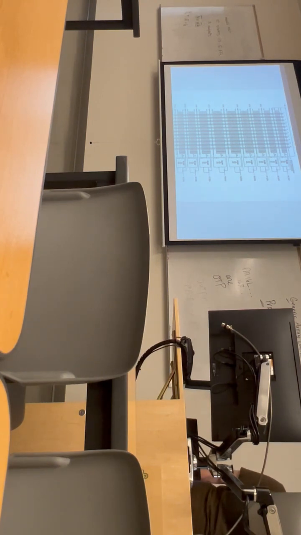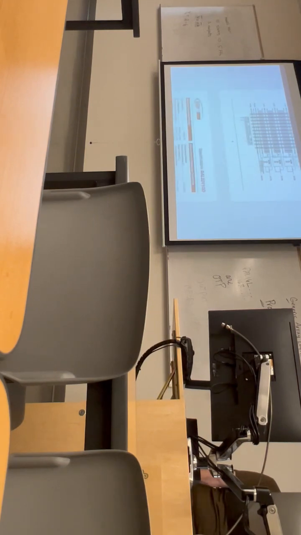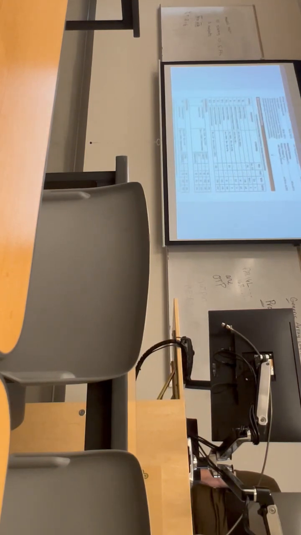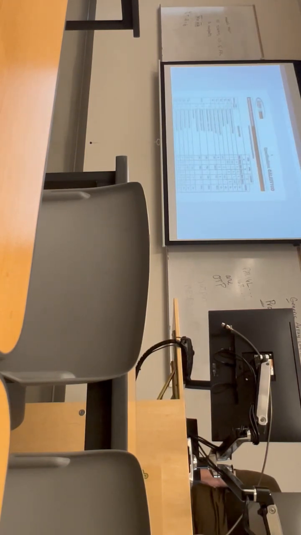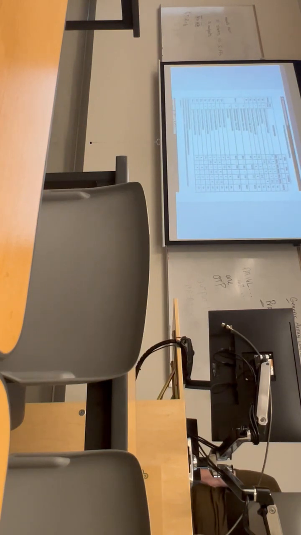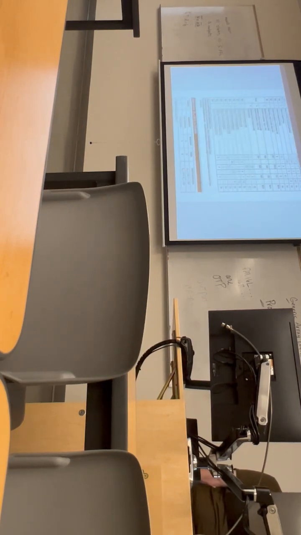2, 3, 4, 5, 6, 7, 8. There's more AND gates that feed the OR gates, so you can build up a more complex sum of product form Boolean expression than you can in the PAL. There's propagation delays.